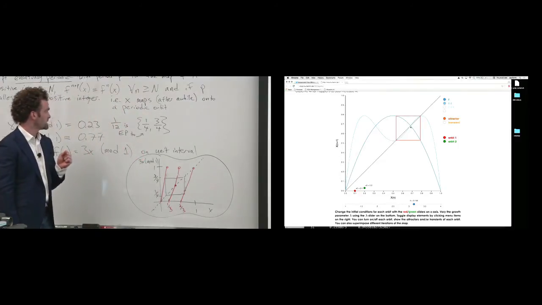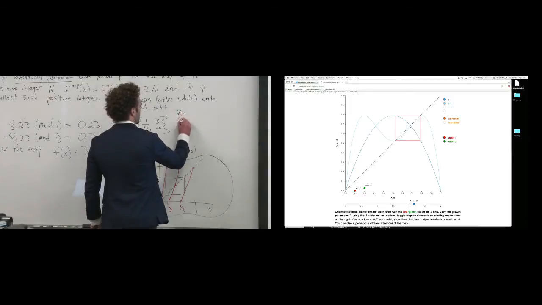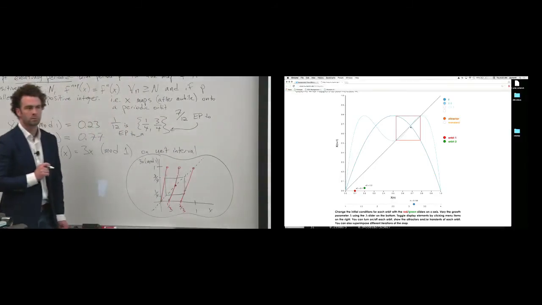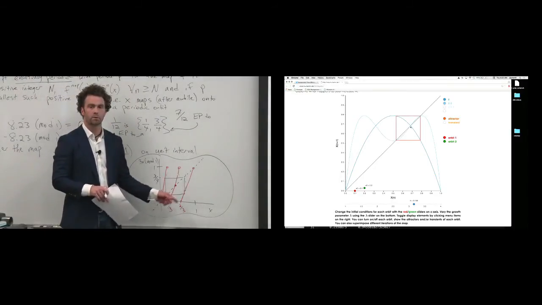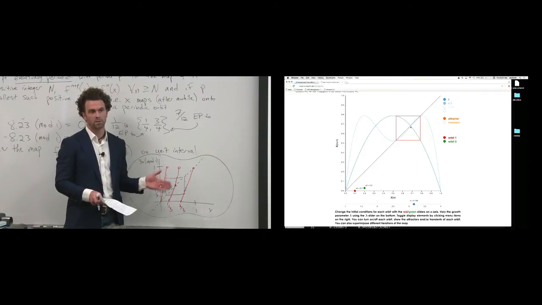What happens when you multiply 7/12ths by 3? 7/4. Take away 4/4, 3/4. Oh my gosh. 7/12 is also EP to this thing. 7/12 lives between a third and 2/3. Does anything map to 7/12? Probably lots of things, yeah.